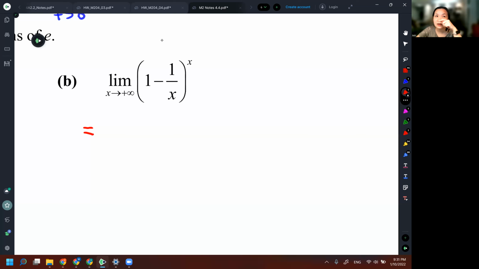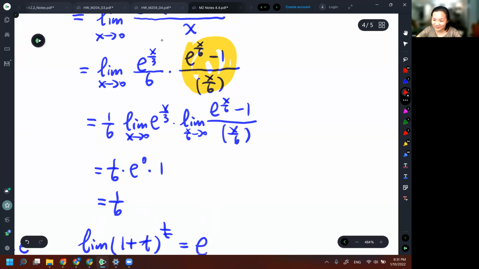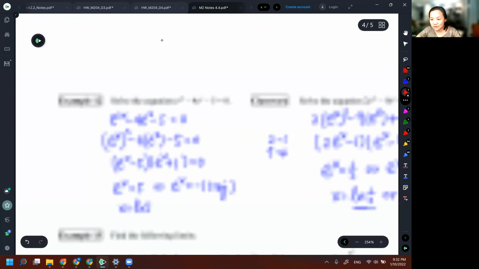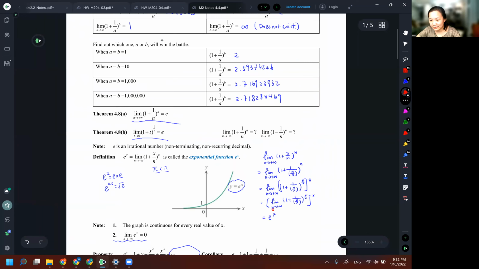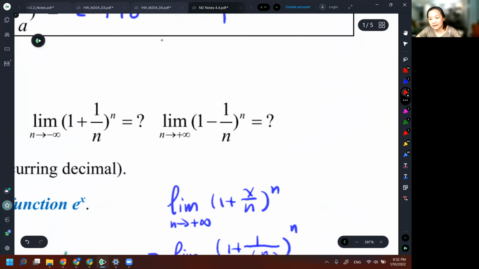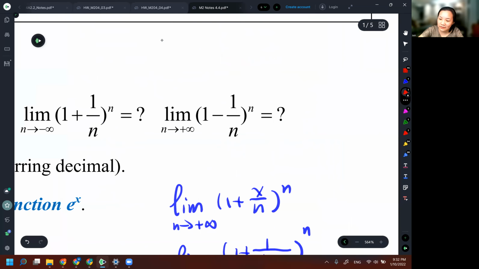The sign is changed. Now, in order to figure out this one, I must go back to the notes, please. Please go back to the notes. Let's go back to this one. Let's go to this one.